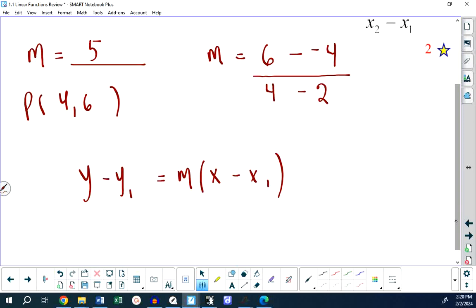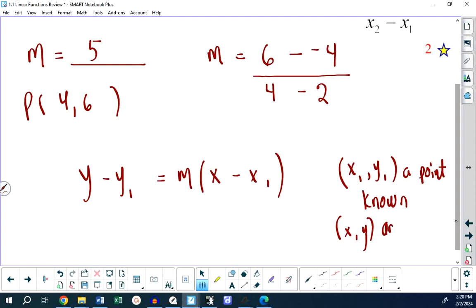Now in this formula, x1 comma y1 is a known point. It's an ordered pair that describes a point on the line. On the other hand, in this formula, x comma y is any point.